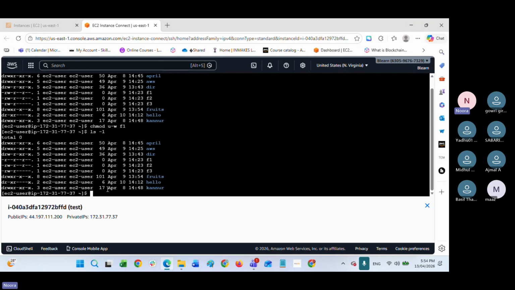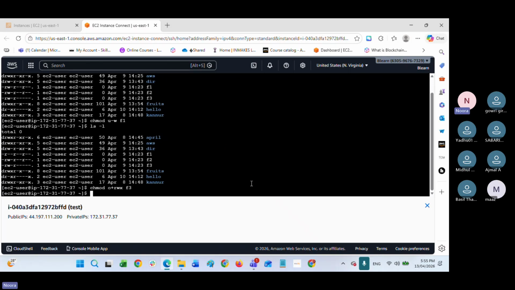How do you do that? chmod o plus r, then comma o plus w... Is the comma needed? No, it can be done in one go. There are categories. rw, rwx. Yeah, that's it, rwx. Is it correct, Ajmal? Correct. We can put equal also. Yeah, you can put equal also.